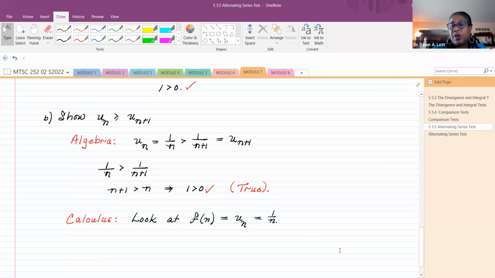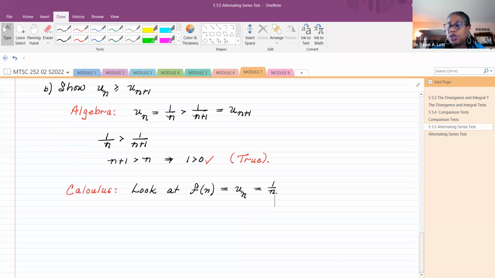So if that's the function, my function f of x, how do you show that a function is decreasing from calculus 1?